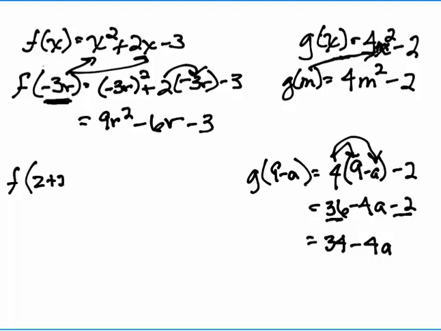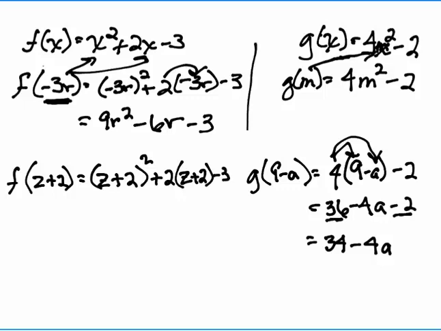F of z plus 2. Just remember to follow the pattern. Z plus 2, that is squared. 2 times our z plus 2 and a negative 3. I'm going to draw a line so we don't get this confused.